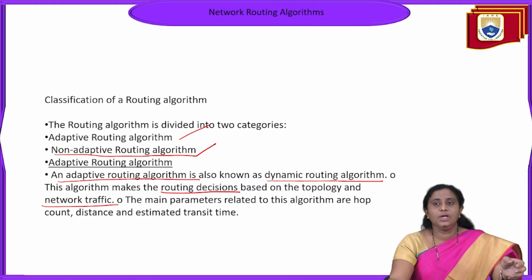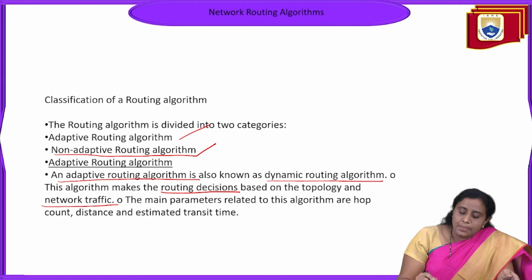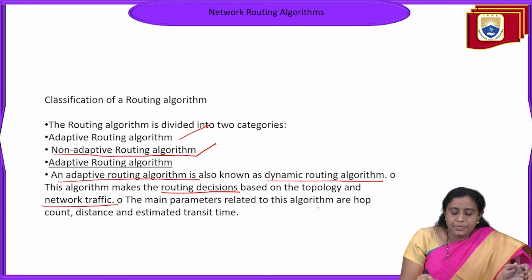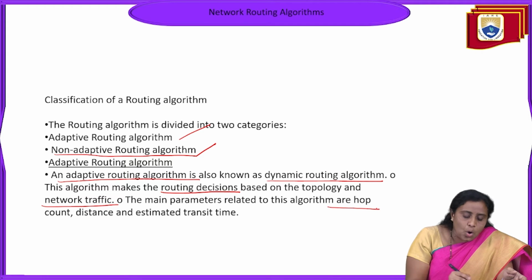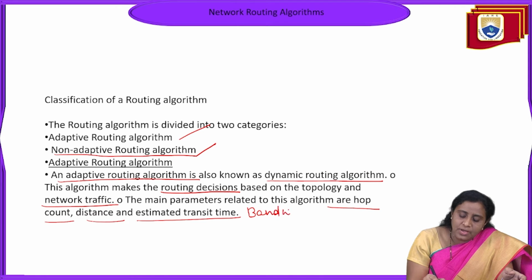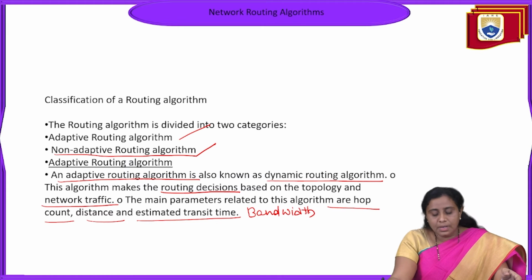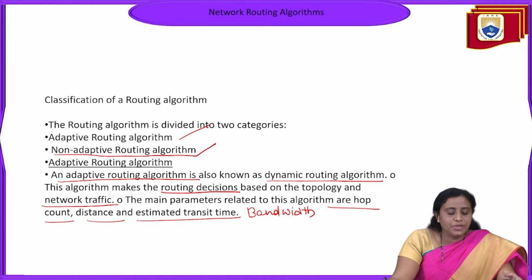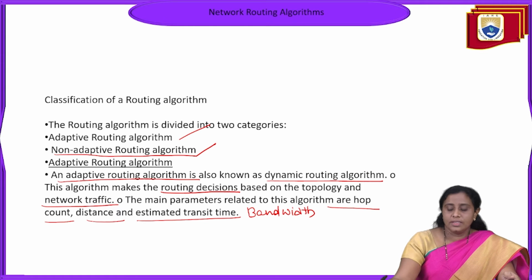These are the hop count, distance, and the estimated time, or the bandwidth if you take the parameter of bandwidth. These are the metrics that should be available when discussing an adaptive routing algorithm.